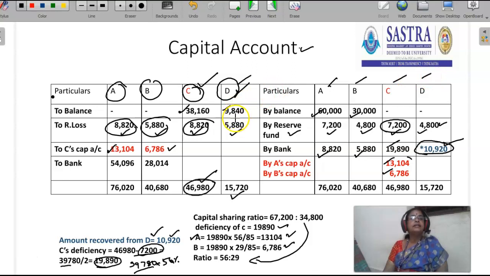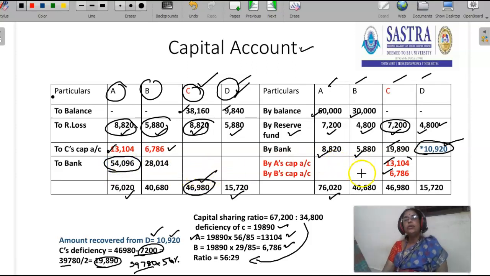Now let's see A's capital account and B's capital account. A's capital account, the credit side total is 76,020. If we deduct from 76,020 the 8,820 and 13,104, the balance is 54,096 rupees.